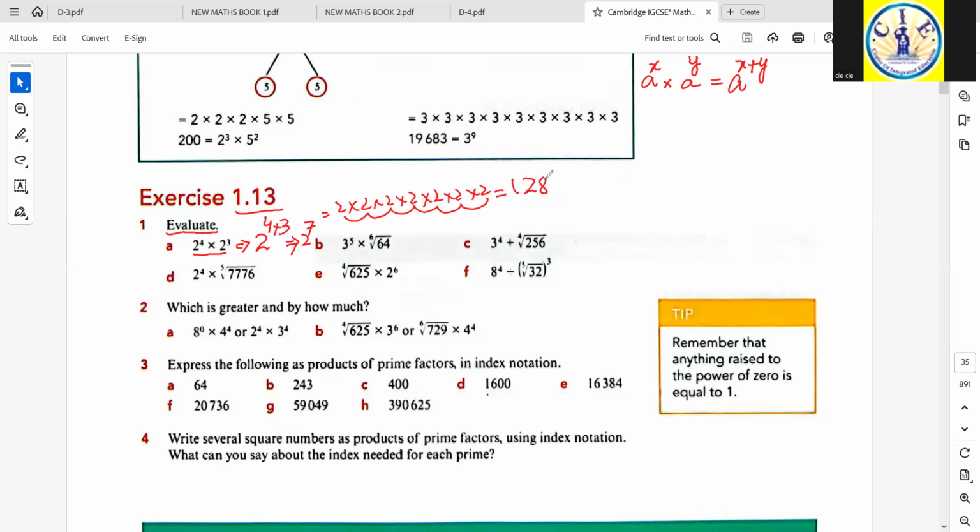So the answer is going to be 128. This is the index form. And this is the simple number form. Okay. Now, in the same way, it's part B, this one.